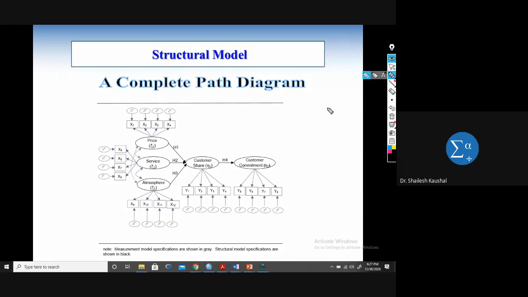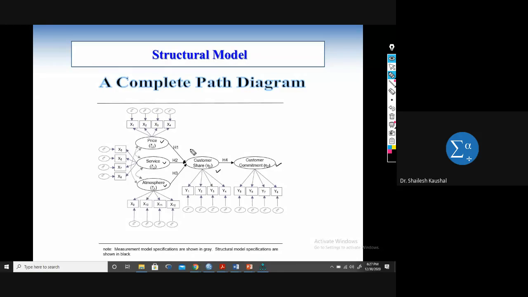In this case we have 5 variables. This is the endogenous variable, this one is endogenous, and these all three are exogenous variables: price, service, atmosphere.